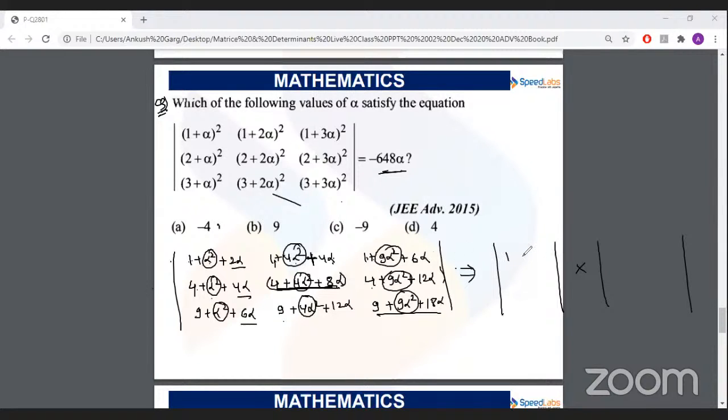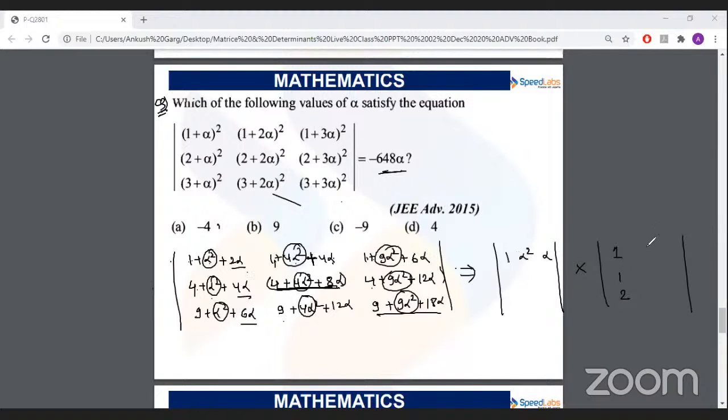So one thing is pretty sure that this term is common in all the three: 1, alpha square, alpha. So here if I make the first row as 1, 1 and 2, can you see? I'll get the first element. So I'll get 1 into alpha square into 2 alpha, first element.